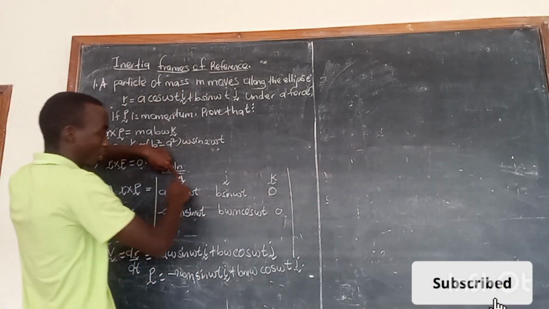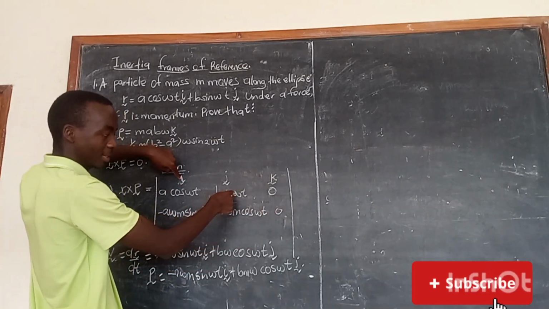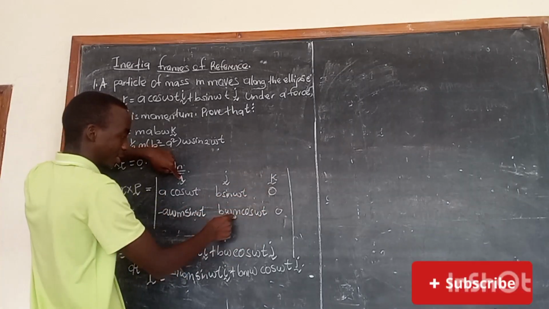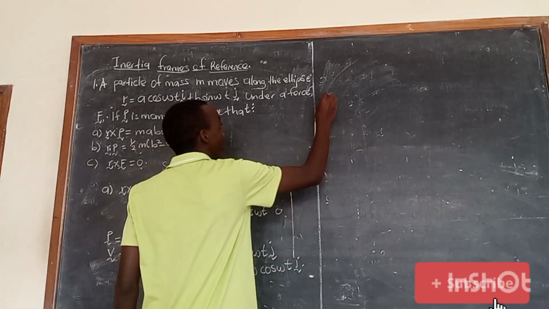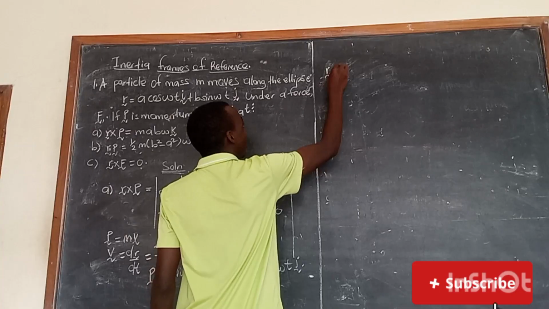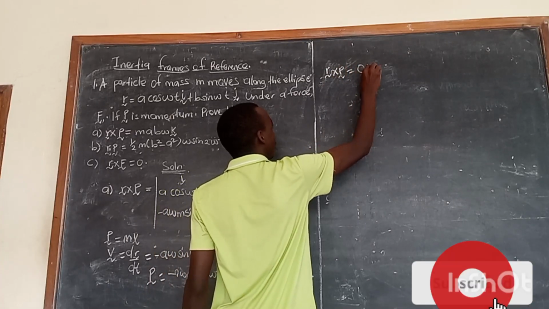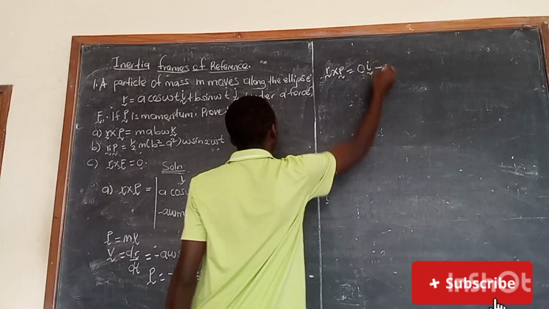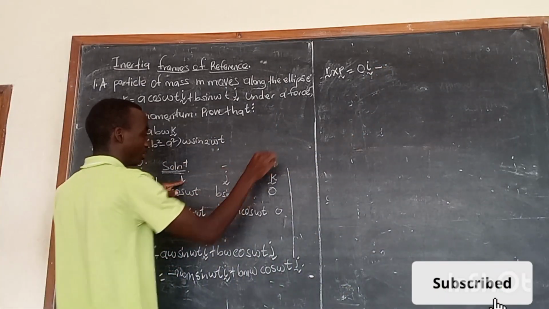For i, we cross out this row and column, so we get this multiplied by this, we subtract this times this, which is 0, and also 0. So 0 i.